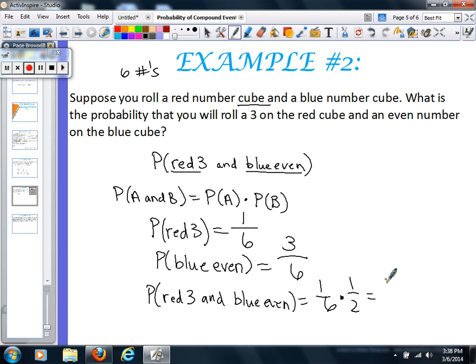This is going to be 1 over 12. Okay? Which is going to be my answer then. Alright? If I wouldn't have simplified, it would have been 1 times 3 is 3, 6 times 6 is 36. 3 divided by 36 is going to be 1 over 12. Okay? So this is how you would do independent.